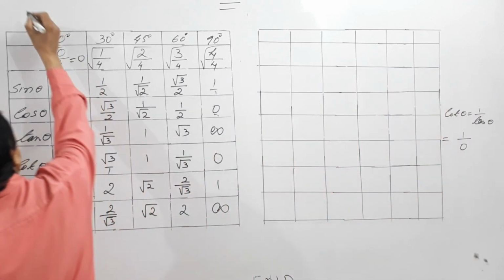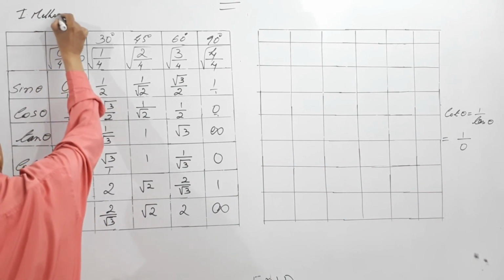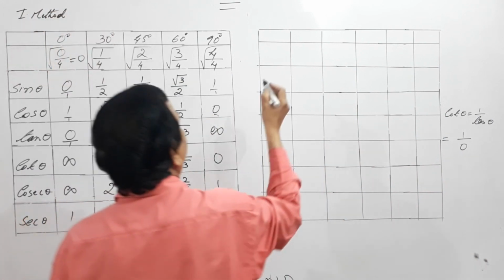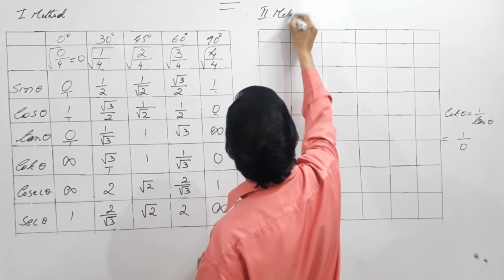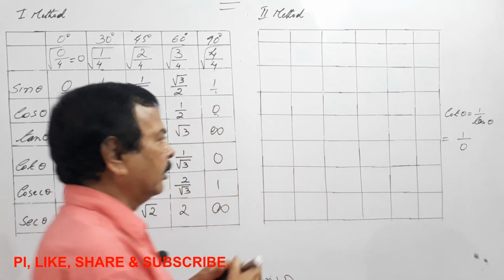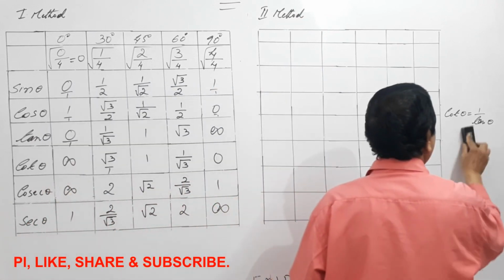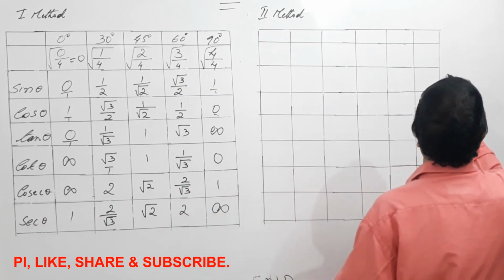So this is the first method and this is the second method. What is that? For that you have to do a small work. Draw two right angle triangles.